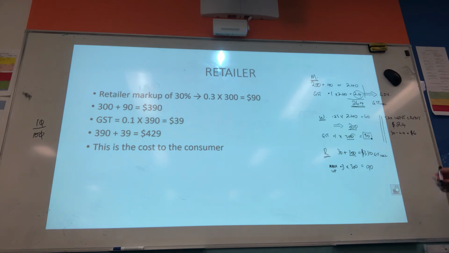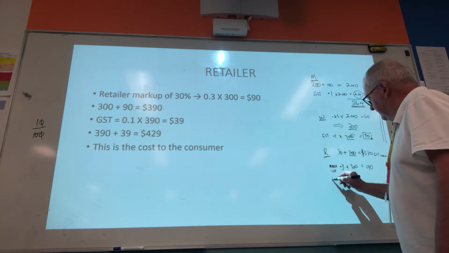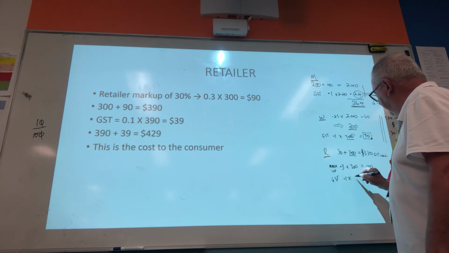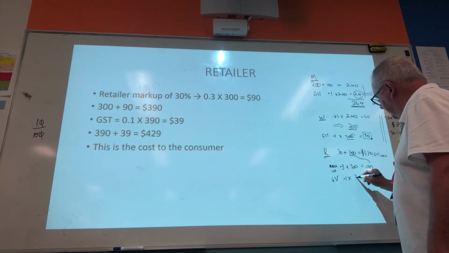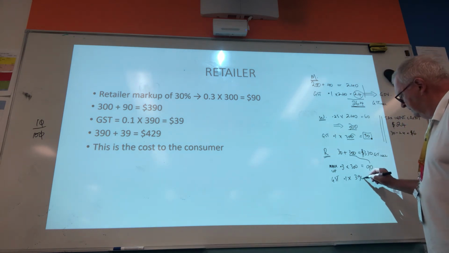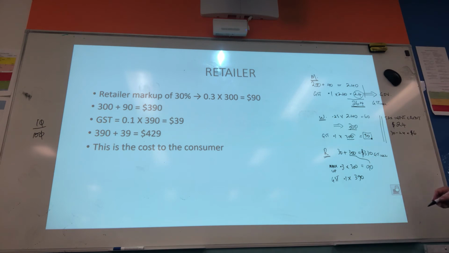Now, when they sell it, they've got to charge GST. So the GST is 0.1 of those two added together, $390, and a tenth of that is $39.